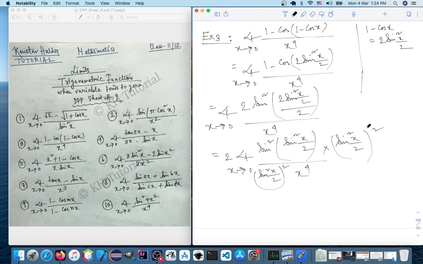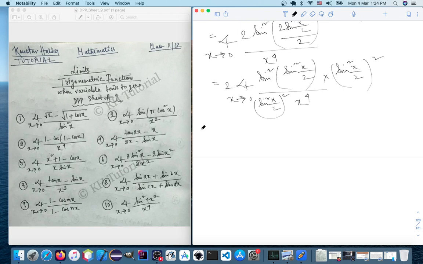So now this becomes limit x tending to 0 of sine square x by 2 divided by sine square x by 2, this whole square, and over here this becomes sine to the power 4 x by 2.